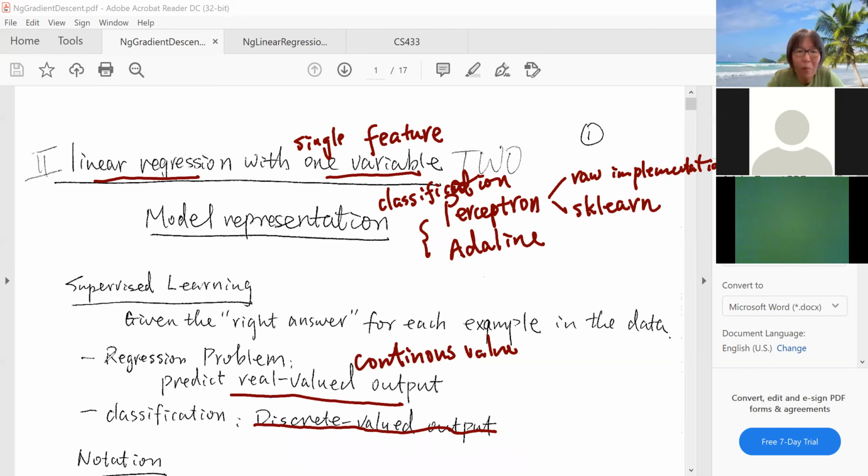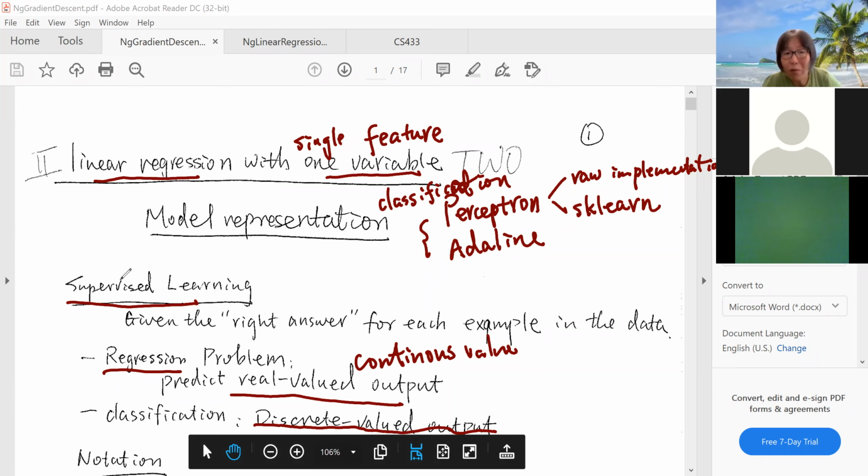Then we call it a regression problem. Over here it is also under supervised learning. At the beginning, we also discussed the general three categories: supervised, unsupervised, and reinforcement learning. Perceptron and Adaline are also supervised learning.